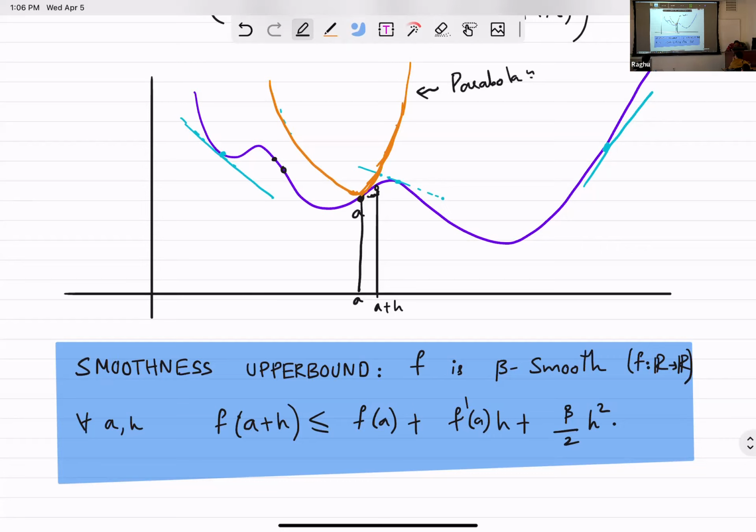If we take such a parabola, then that is always going to dominate the function, and this is true not just at A, but at every point I can define a corresponding parabola.